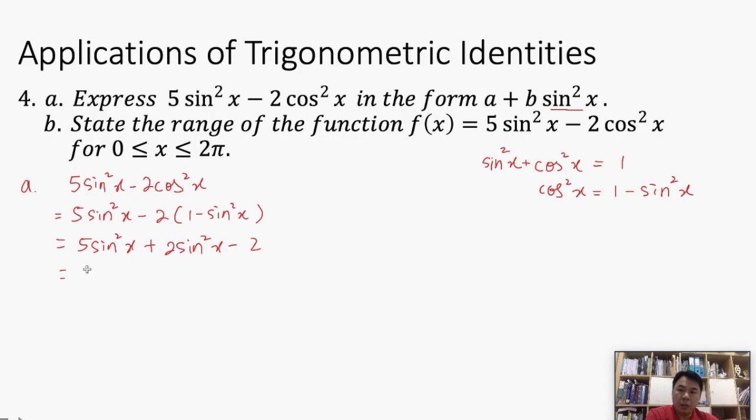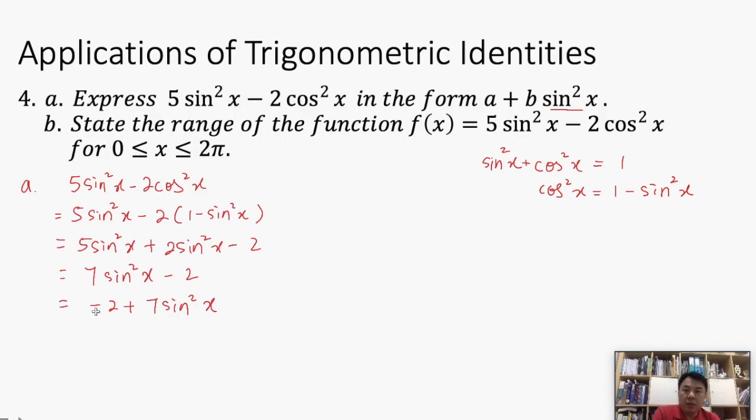Okay, that will give me 7 sine square x minus 2, and then by rearrangement it's actually negative 2 plus 7 sine square x. Okay, so I managed to express this in this form.